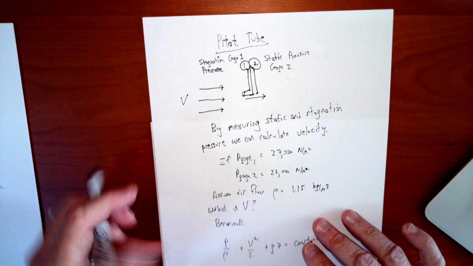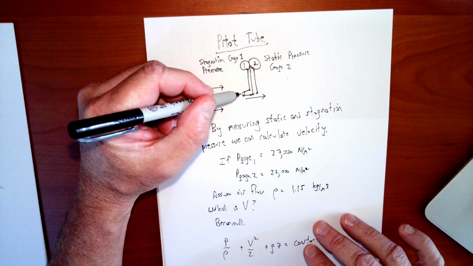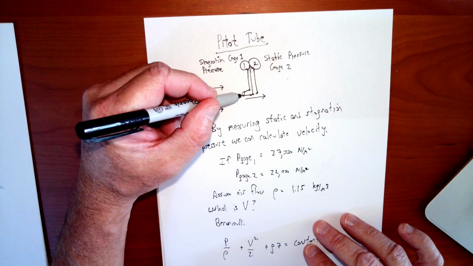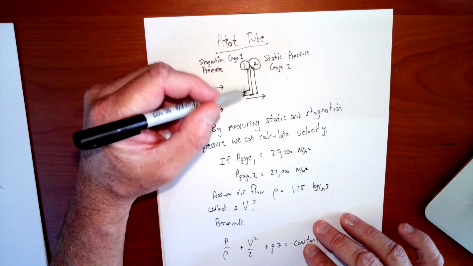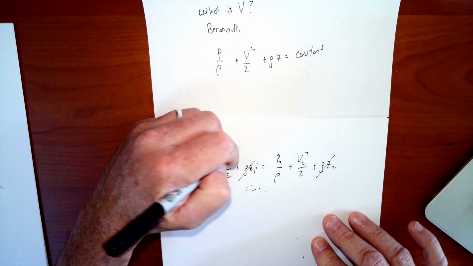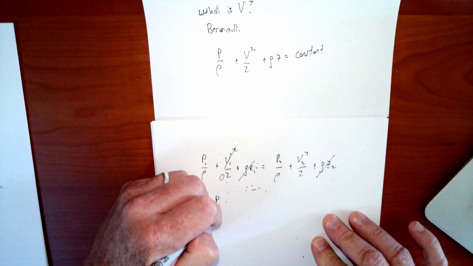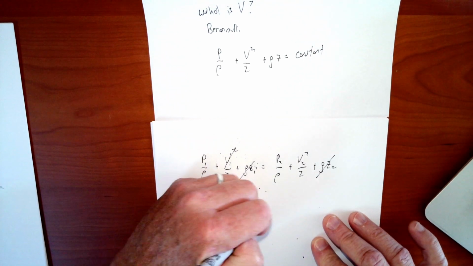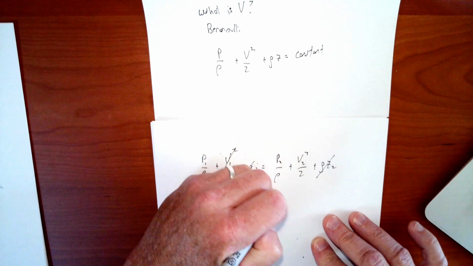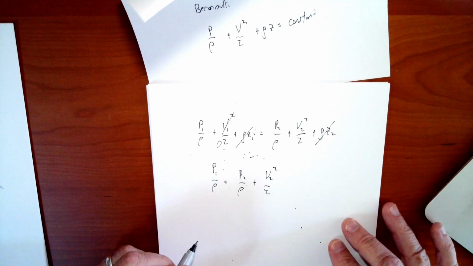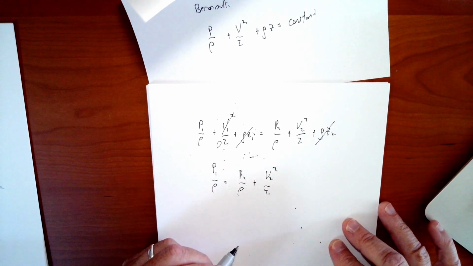And of course, we just said that gauge 1 is measuring the stagnation pressure because the velocity at the entrance to 1 has to go to 0, since fluid can't keep flowing through this tube. So there's going to be no velocity at the inlet there, so V1 is also going to go to 0. So we have that P1 over rho is equal to P2 over rho plus V2 squared over 2. And that allows us to solve for V2.